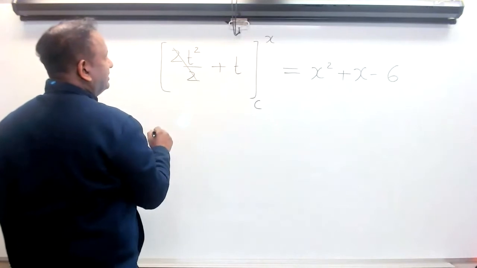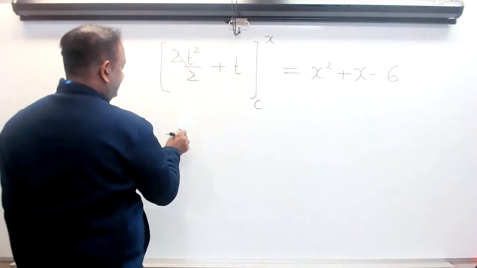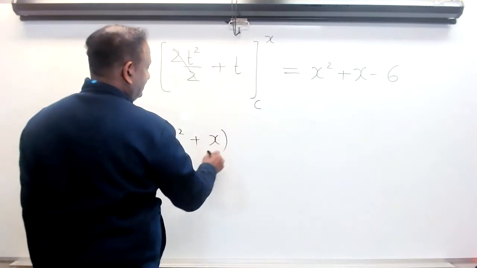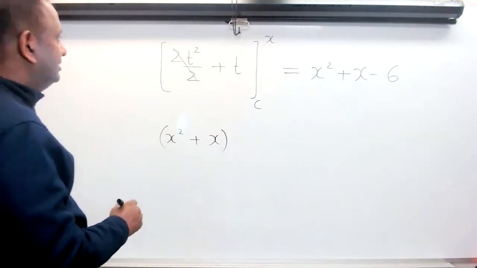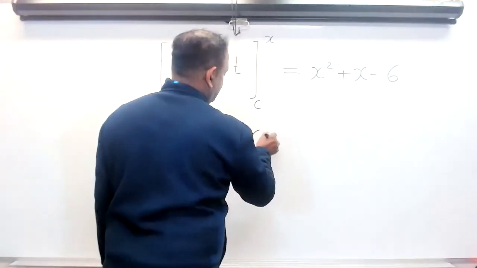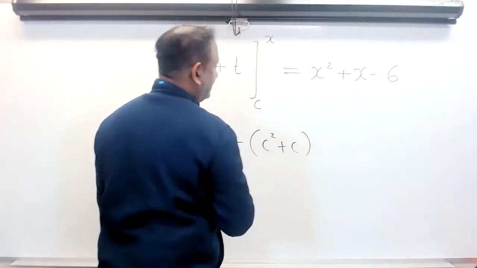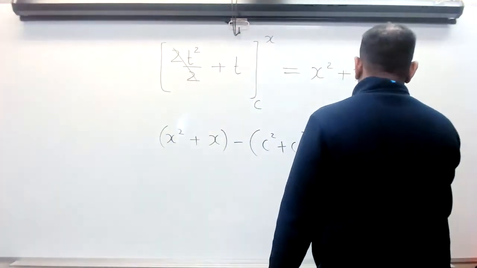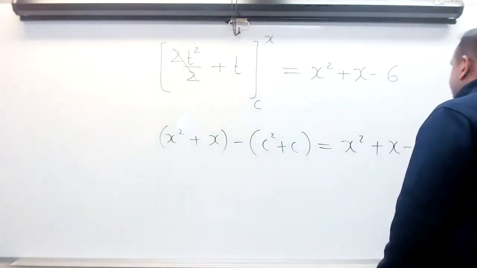Then let's plug in the upper bound, t replaced by x, that's the upper bound, minus c squared plus c equals x squared plus x minus 6.